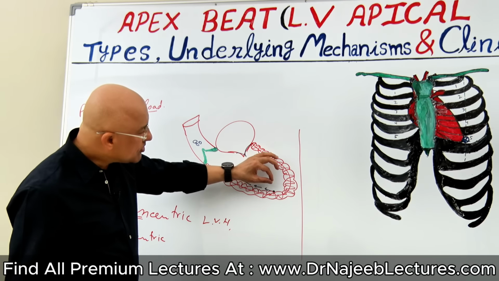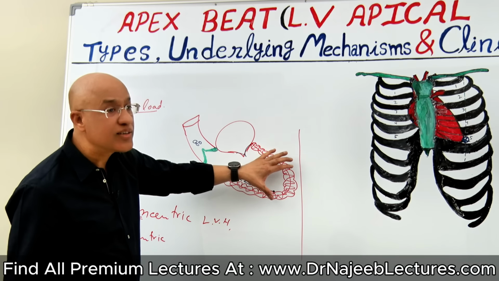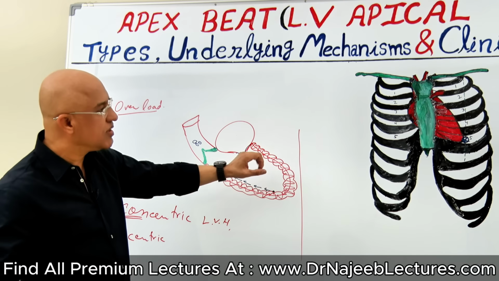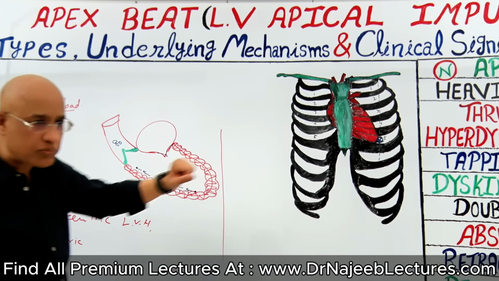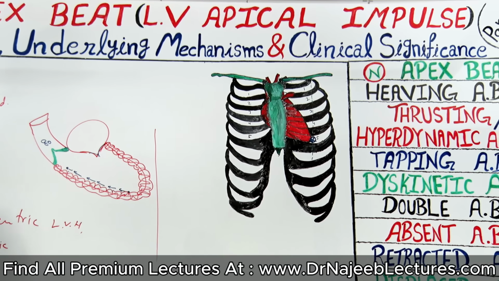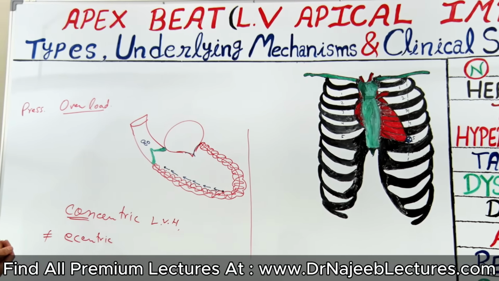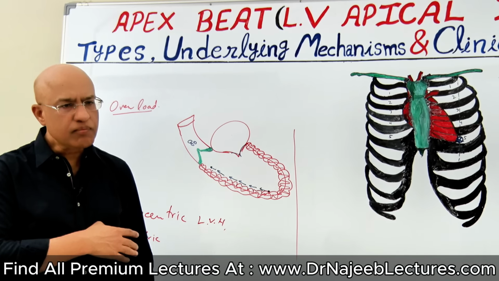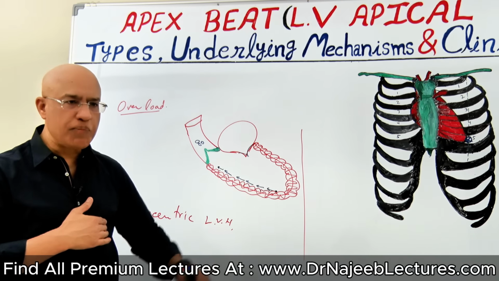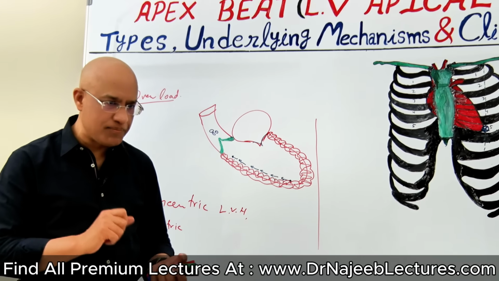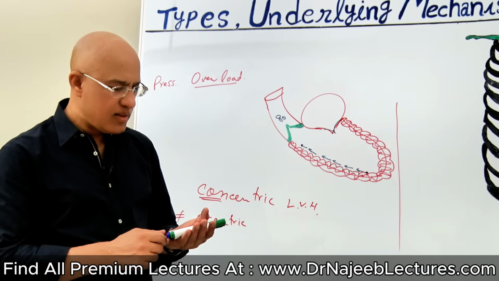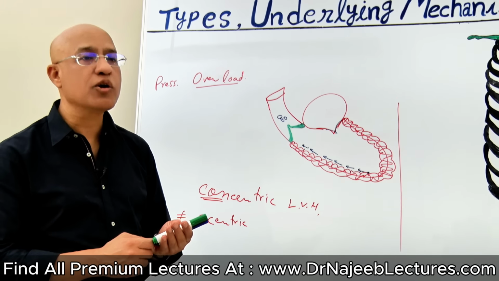This dilating heart is going towards failure. That we will discuss in the next section, thrusting apex beat. Here I want to mention one more thing. Patients who have heaving apex beat, if you auscultate them, you will hear a fourth heart sound very commonly.